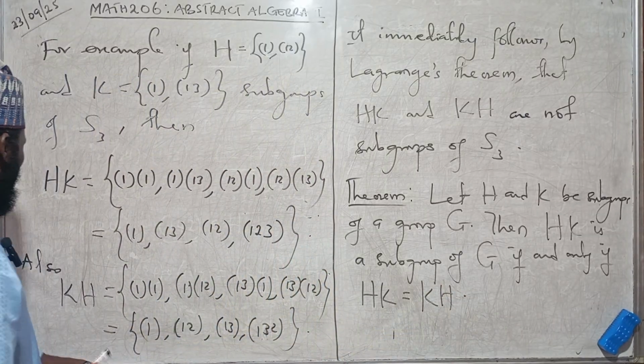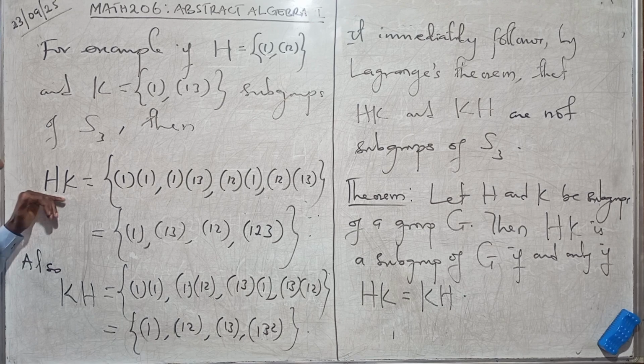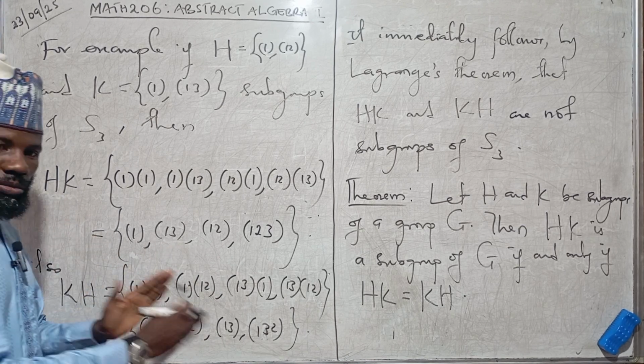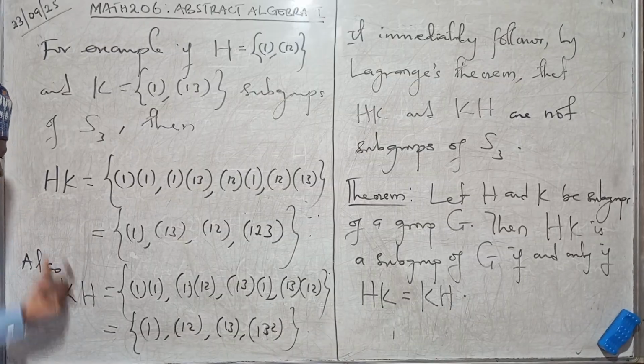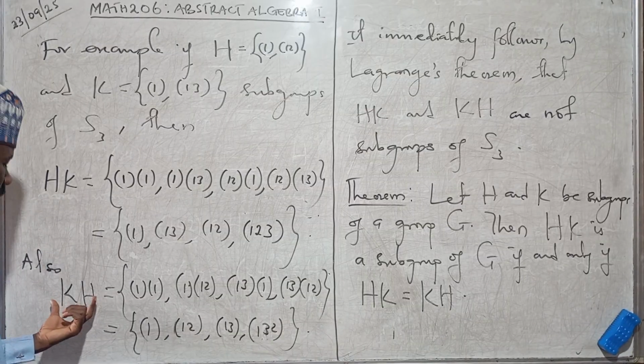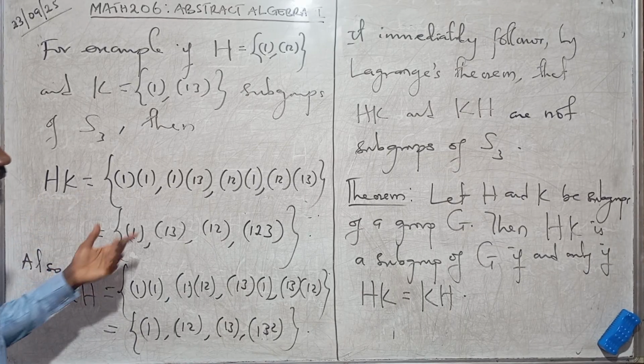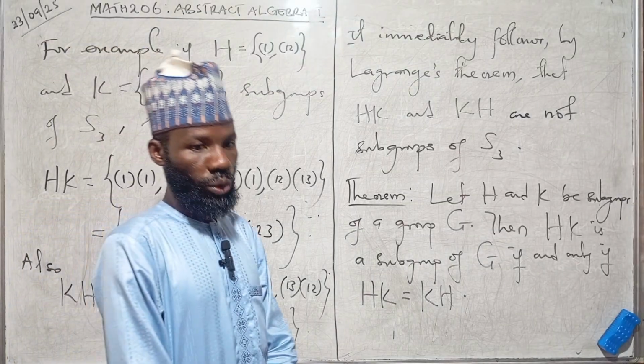So immediately we see that here, this is not a subgroup, and the reason is because the product was not commutative. When we compute KH, it doesn't turn out to be equal to HK. And that is why the set HK is not a group.